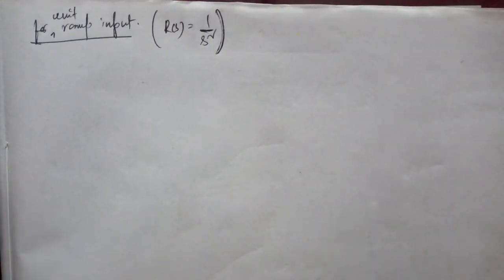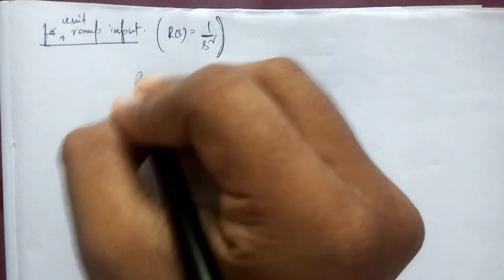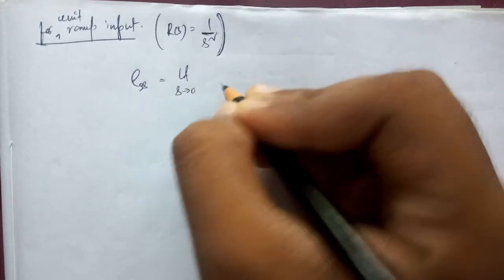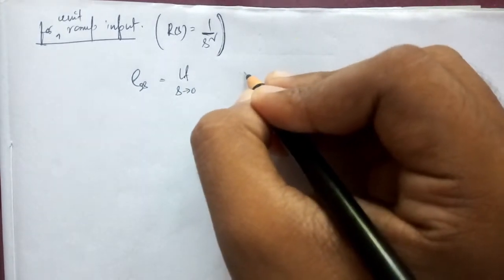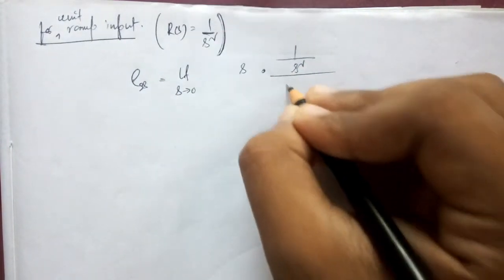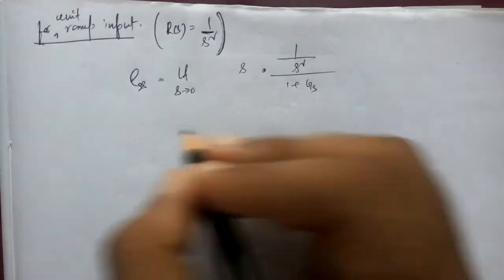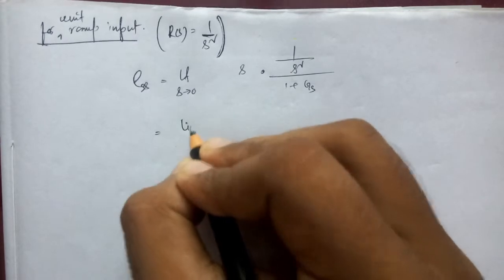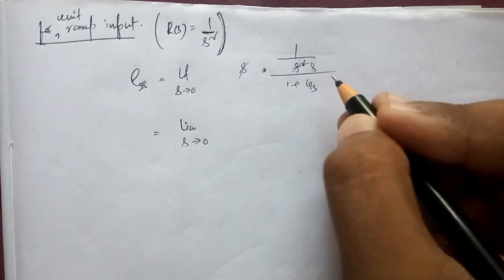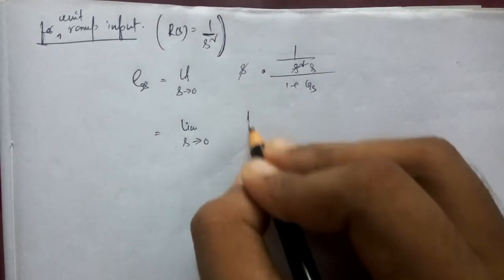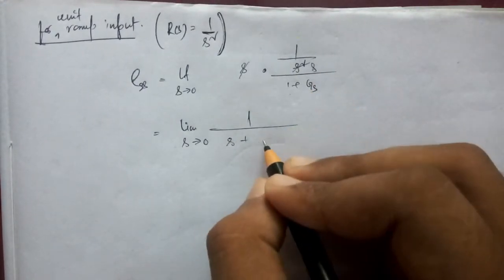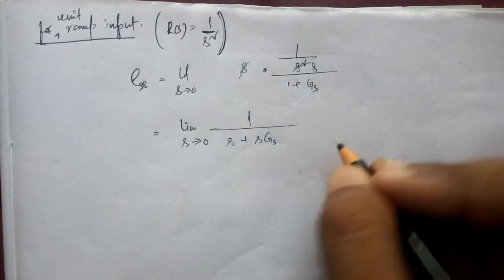So the steady state error expression will be limit s tends to 0 of s into 1 by s square by 1 plus G(s), which is equal to limit s tends to 0, only one s will be remaining, so that will be 1 by s plus s G(s).